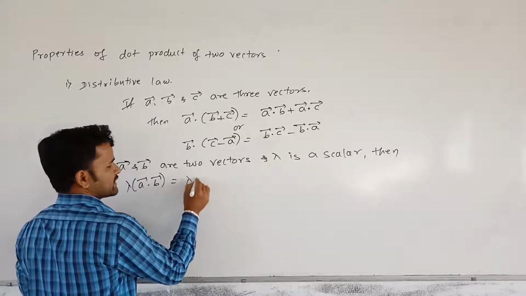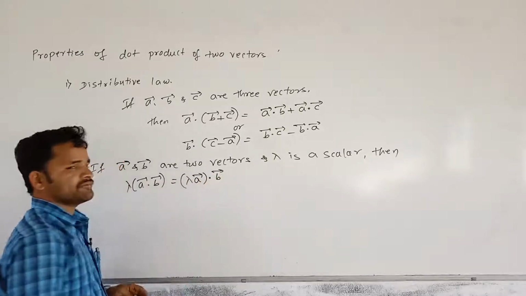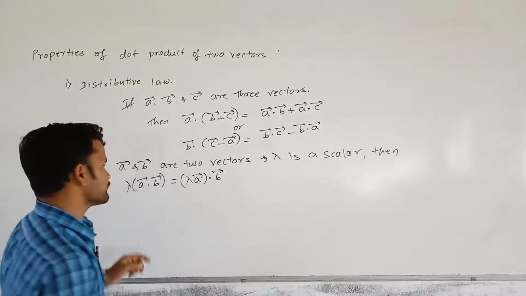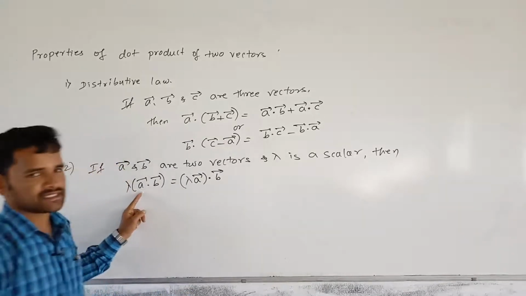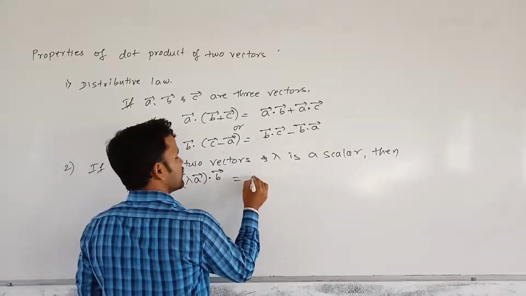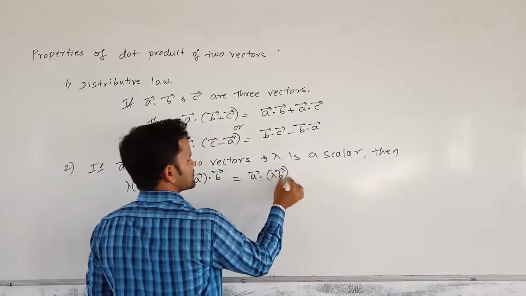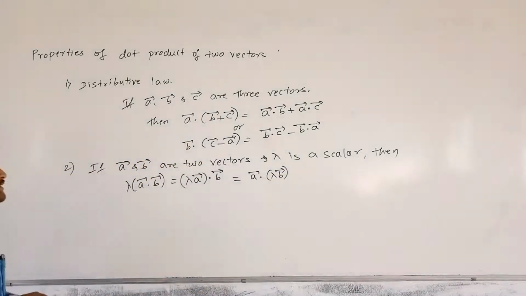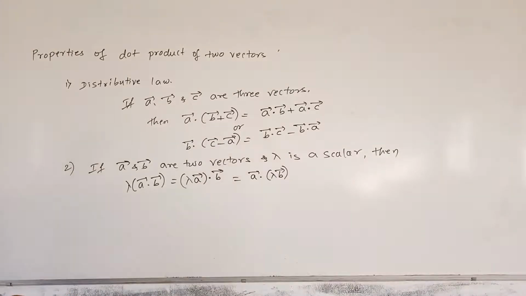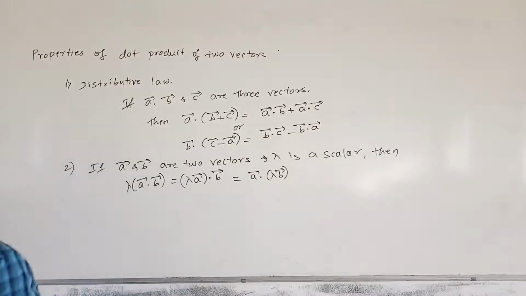So this can be taken as lambda times vector A, dot product with vector B. Instead of multiplying with vector A, we can multiply with vector B also. This is equal to vector A dot product with lambda times vector B. These are the two properties of the dot product of two vectors.